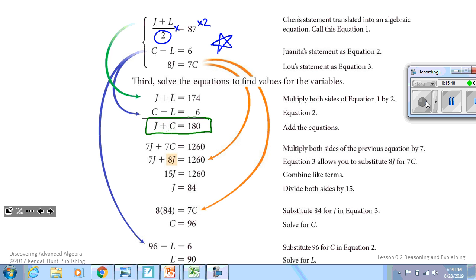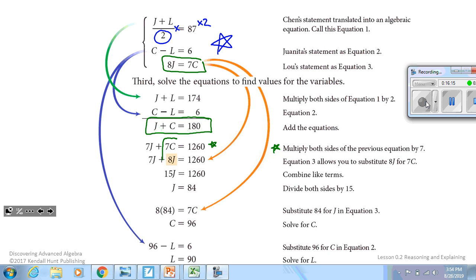All right, so you might ask now, where am I getting 7J plus 7C equals 1,260? I'm going to multiply my previous step, that's right here, by 7. So I have 7J plus 7C equals 1,260. Well, let's look up here for a second. 8J equals 7C.